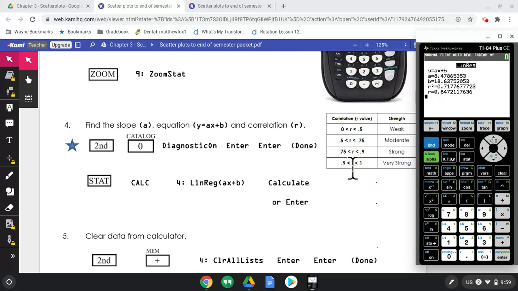0.847 falls in between 0.75 and 0.9, so that would be strong correlation.